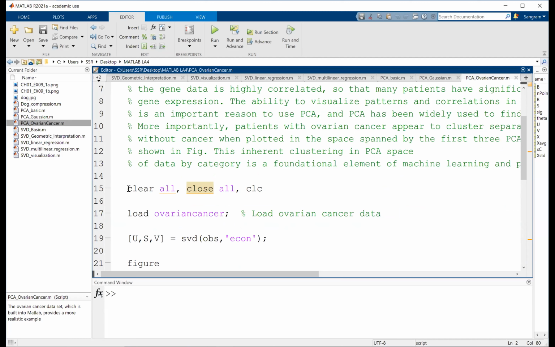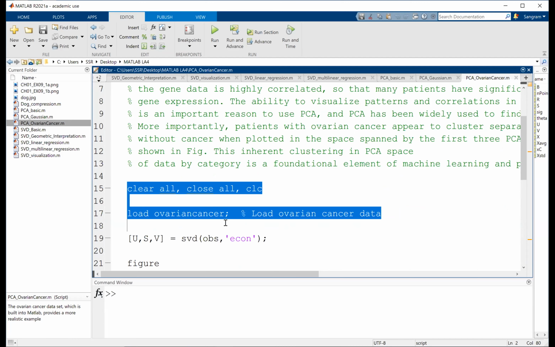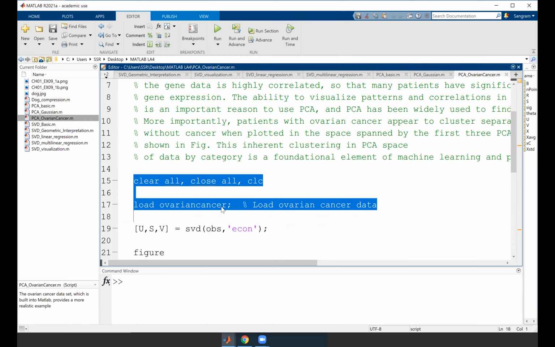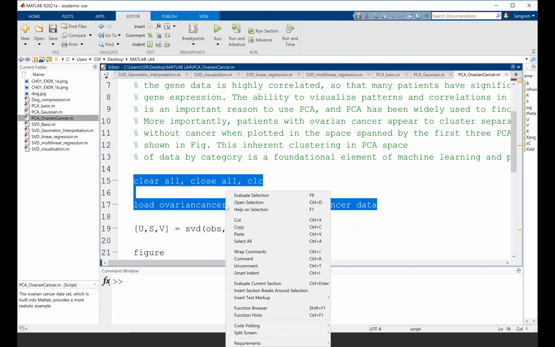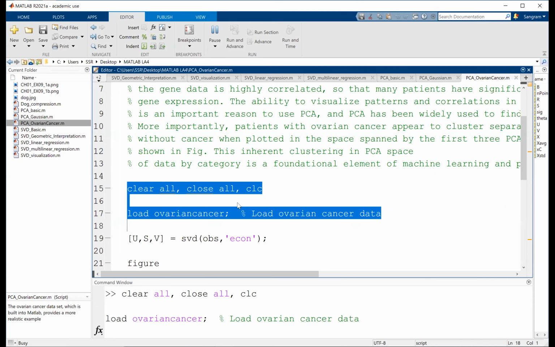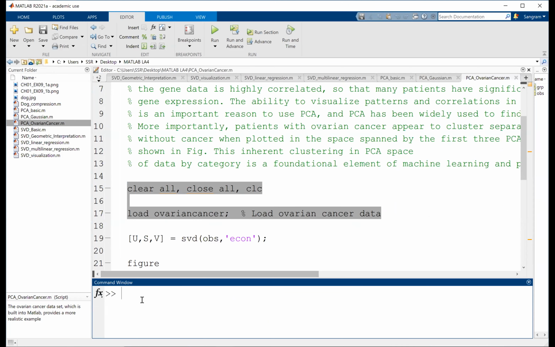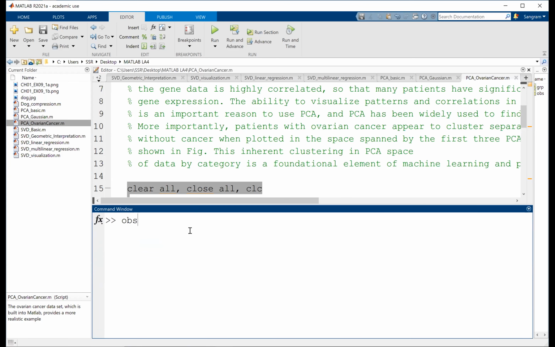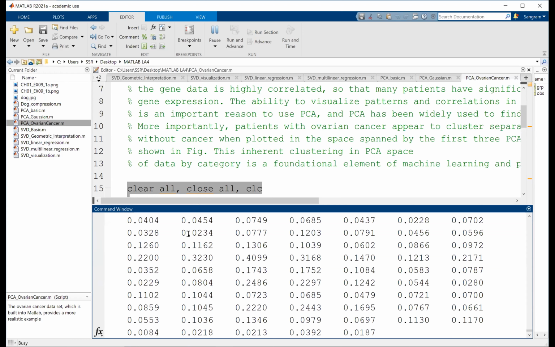So first and foremost, clear all, close all, and I'm going to load this ovarian cancer data. I would encourage you to load this data set. I'm just going to show you this data, and you will read. So OBS is the ovarian cancer data set, and run.